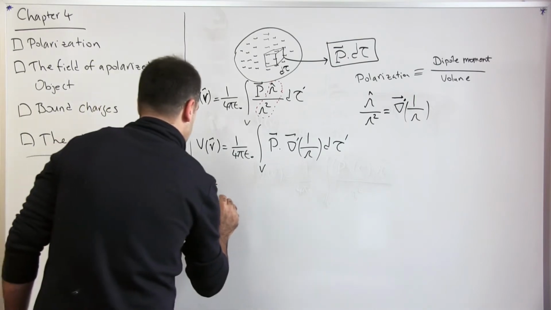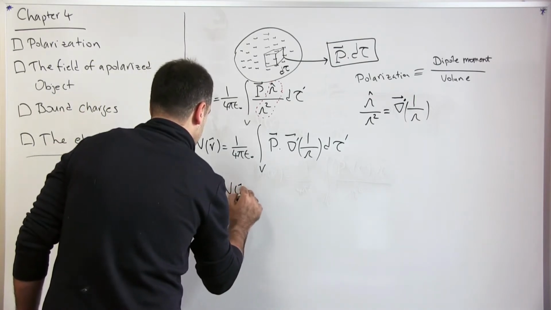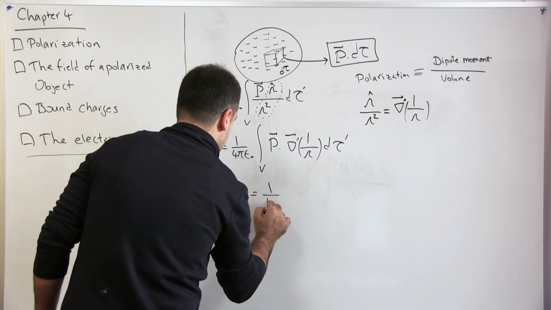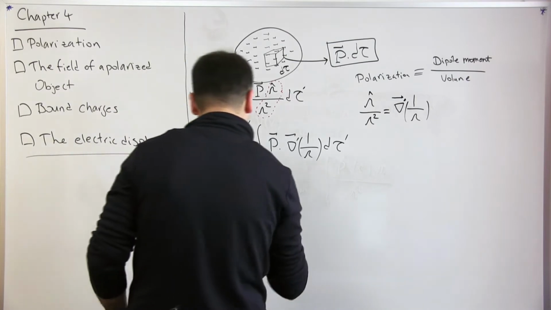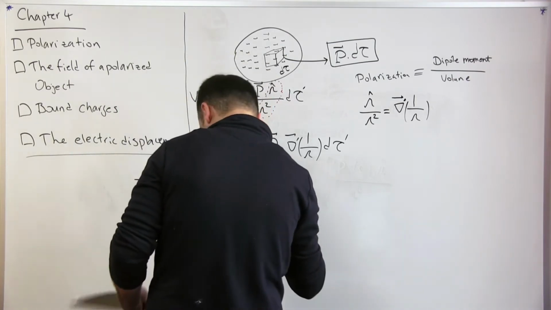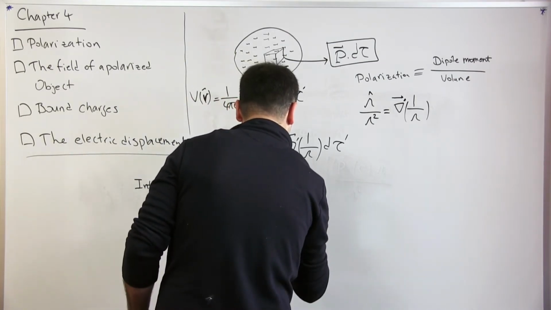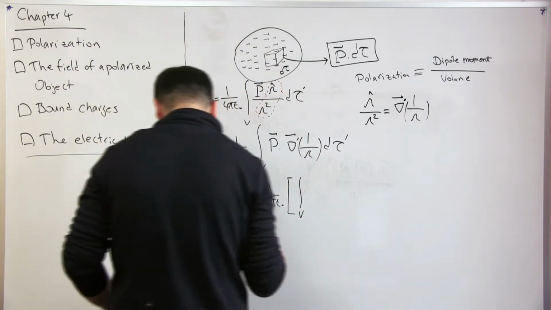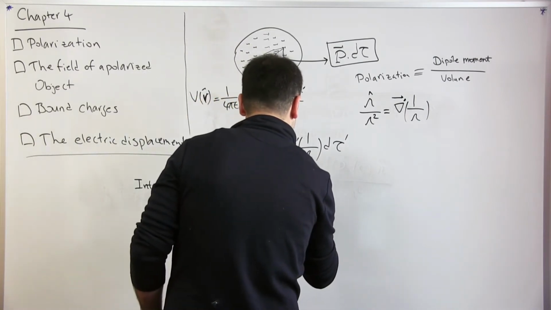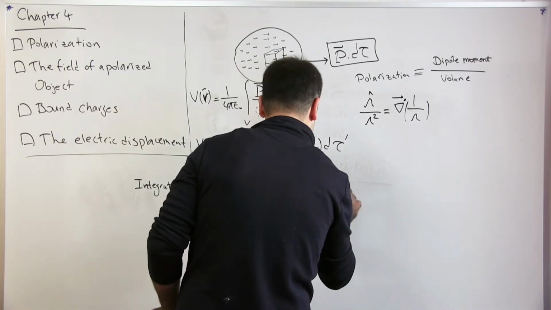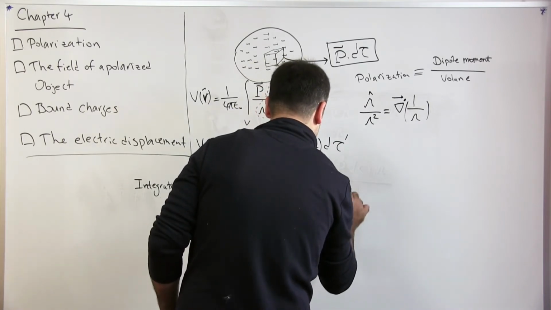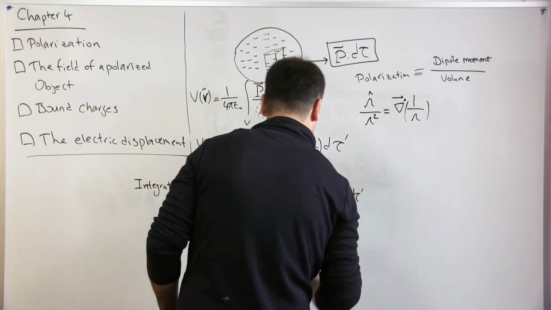Okay, and then V of r is 1 over 4 pi epsilon 0. And then we get two integrals, both of them over the same volume V. One of them is the divergence in primed coordinates of P over R, d tau prime.